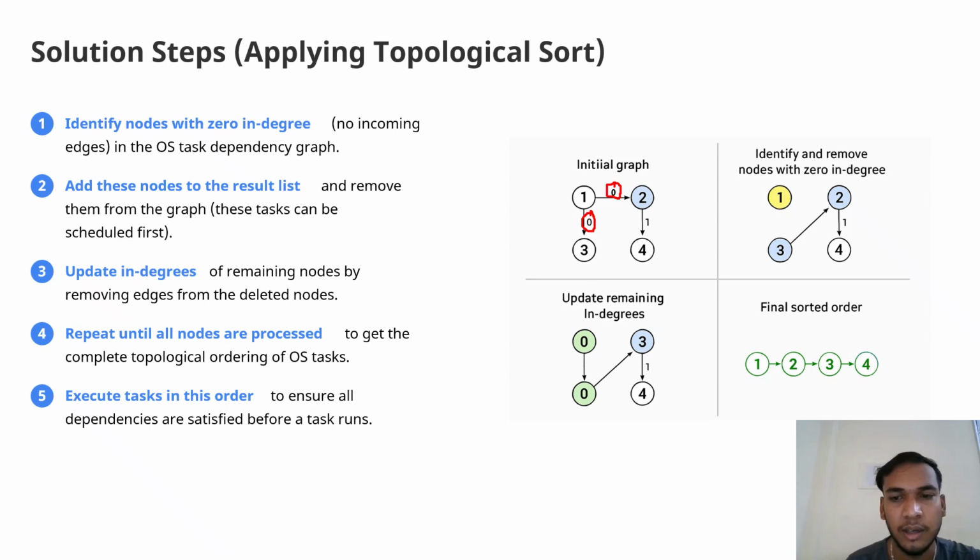Repeat until all the nodes are done. Execute the tasks in order. The final sorted order is 1, 2, 3, 4.